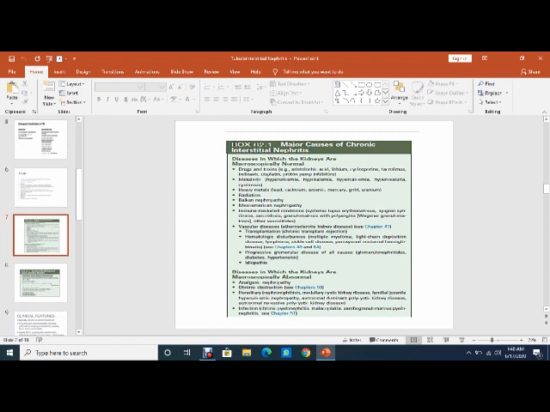So the major causes of the chronic TIN or chronic interstitial nephritis. First we discussed the acute causes. Now the chronic, they are divided into the two portions. One, the diseases in which the kidneys are macroscopically normal, and other, the disease in which the kidneys are macroscopically abnormal.